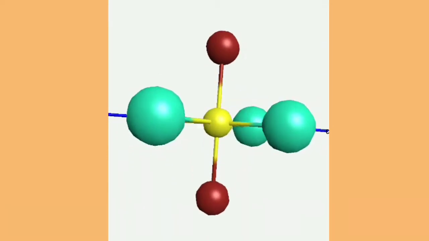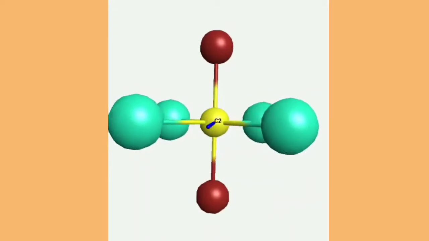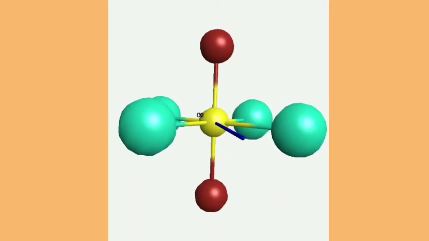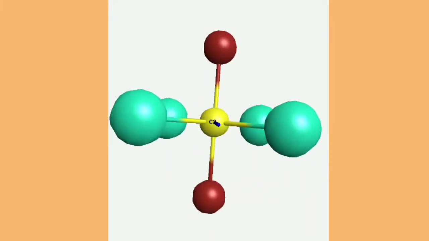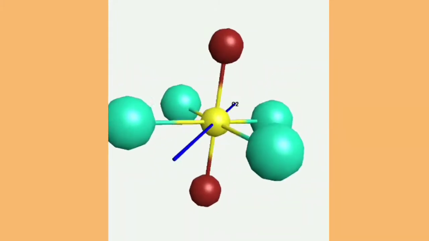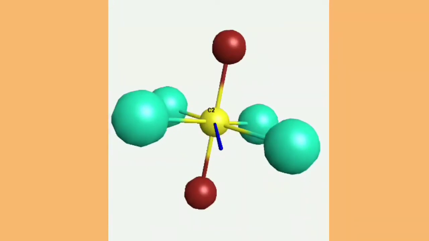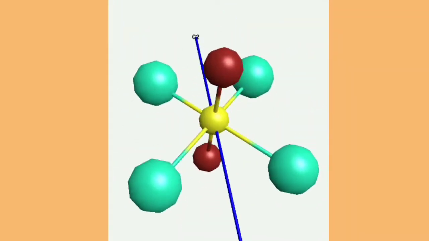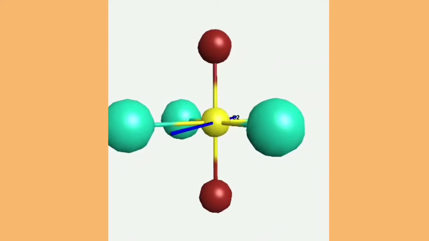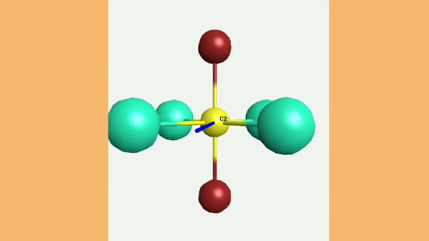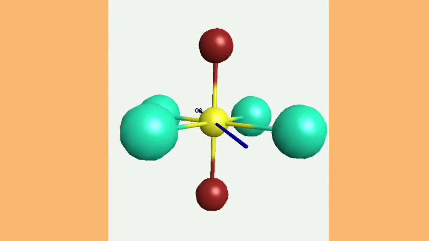You can visualize how beautifully it rotates. I have to rotate the molecule around this axis. It is passing through the metal and it is bisecting both B ligands also.